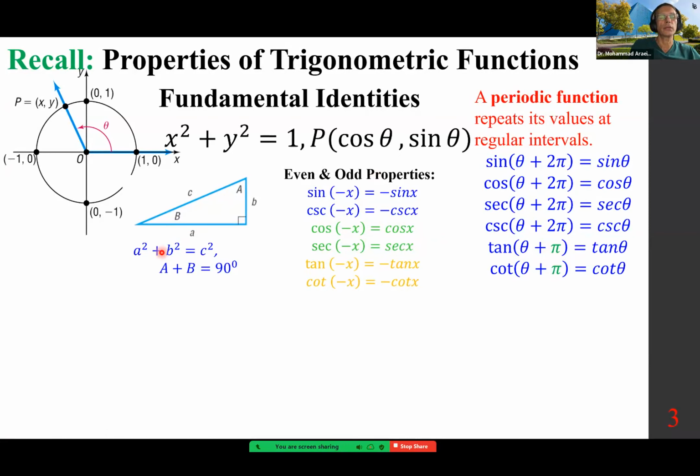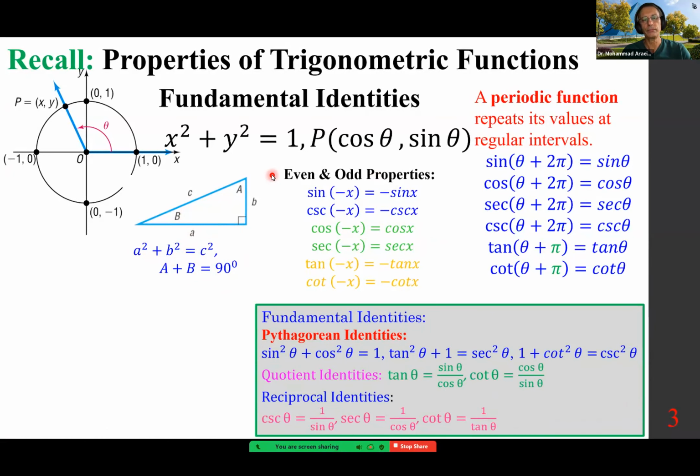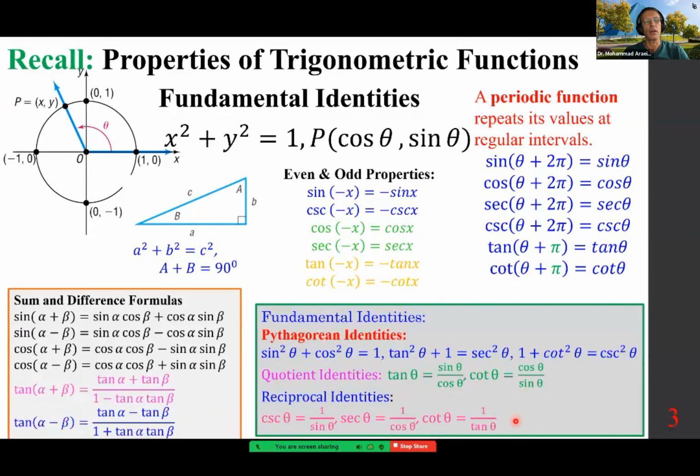When we have a right triangle, a squared plus b squared equals c squared, and the two acute angles add up to 90 degrees. Pythagorean identities, starting with sine squared plus cosine squared equals 1 and the rest of them. Quotient identities, starting with tan equals sine over cosine. Reciprocal identities, starting with cosecant is 1 over sine and the rest of it.